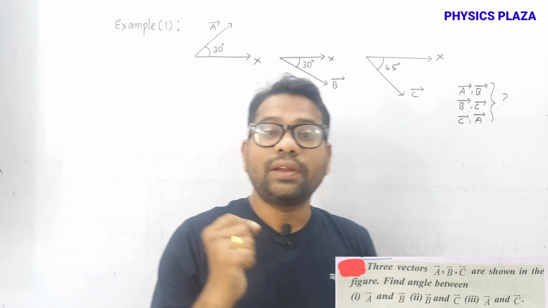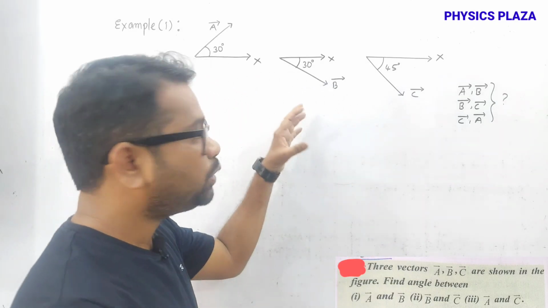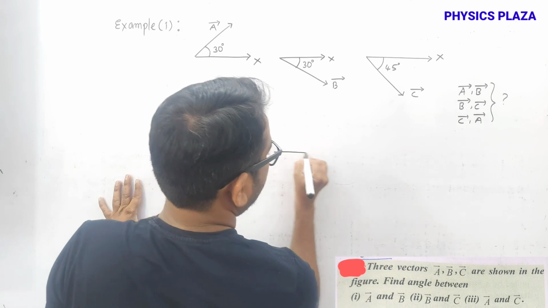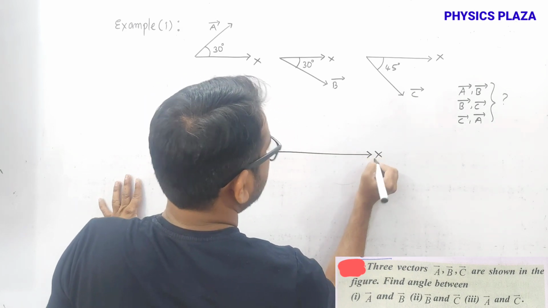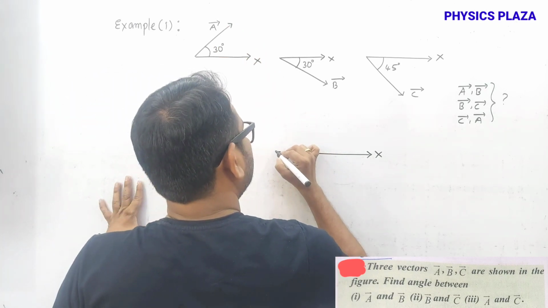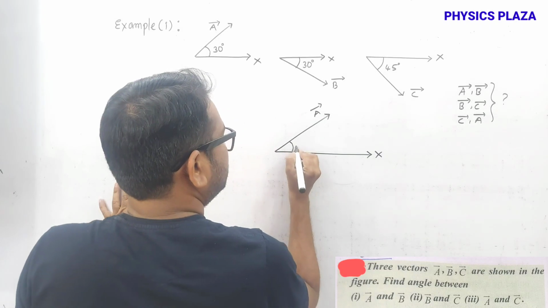Then what we have to do here is use the concept of parallel shift of vectors. Let us do the parallel shifting of vectors. First, let us draw the x-axis. Vector A is making an angle of 30 degrees.